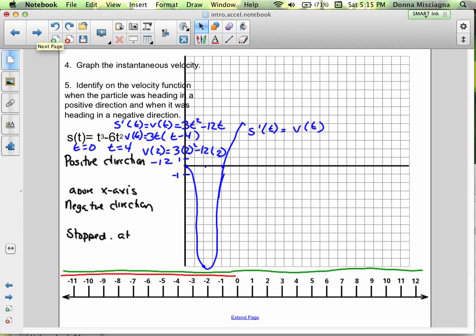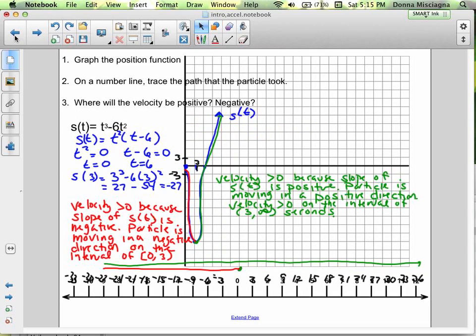Now notice where the velocity changes. Here our velocity is negative from 0 to 4. So when we were estimating our point over here, it actually turned around at 4.